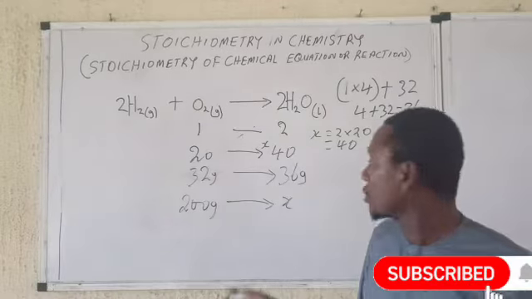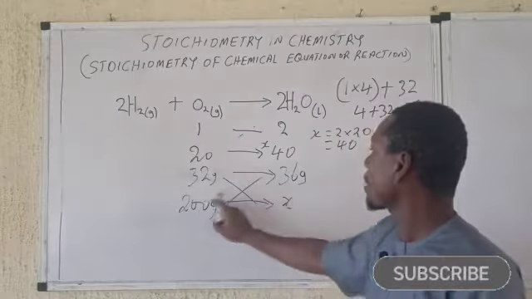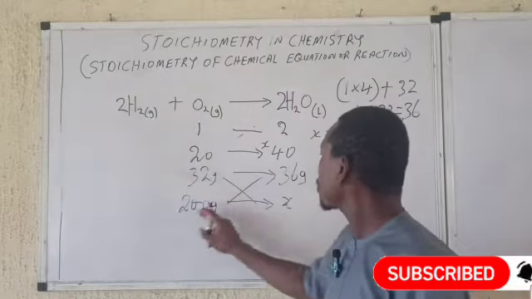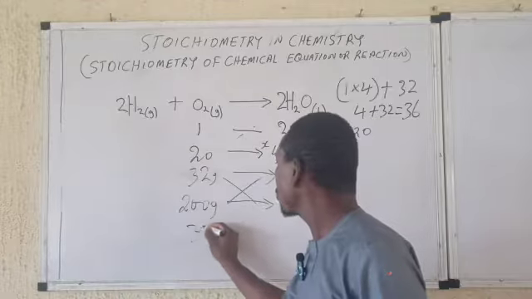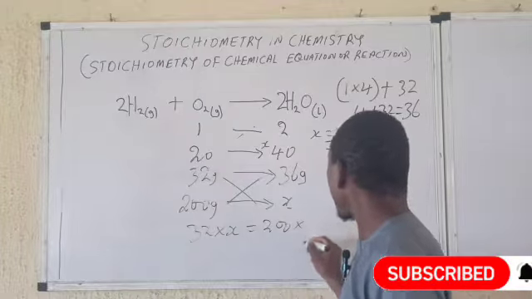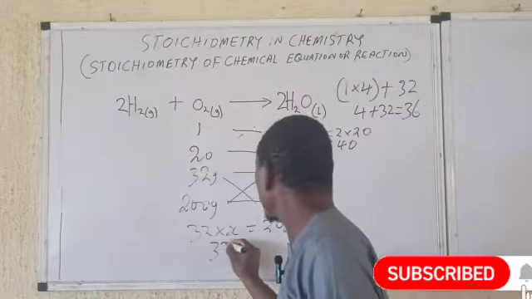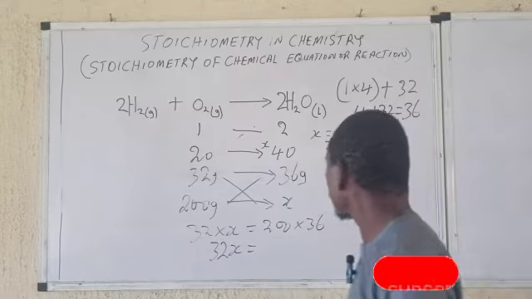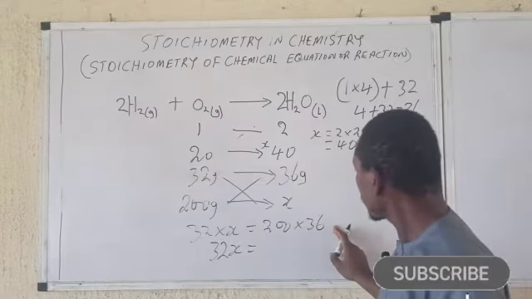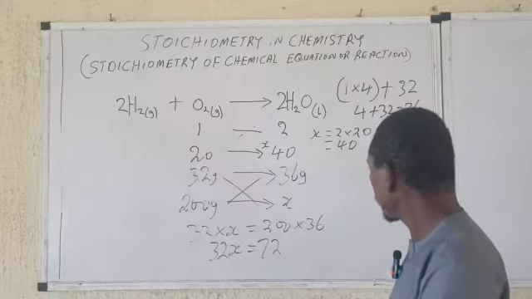How do you calculate that? Just cross multiply. So this times this and this times this. So you now have 32 times x is equal to 200 times 36. All right. Now I have 32x is equal to 7200.